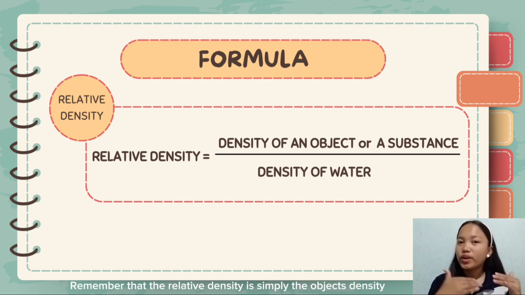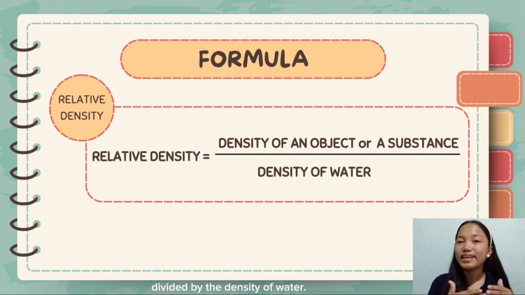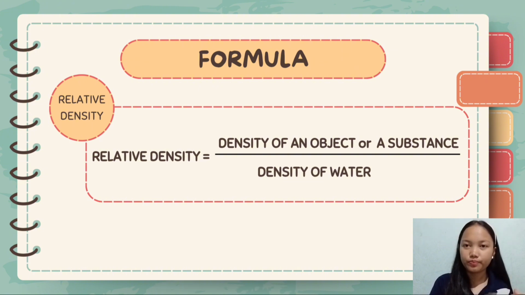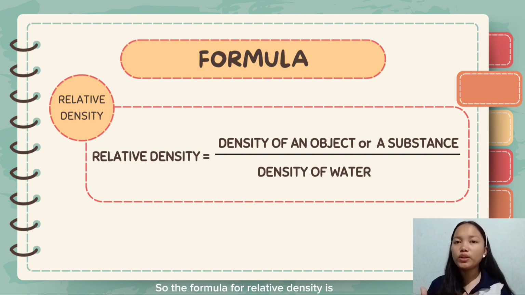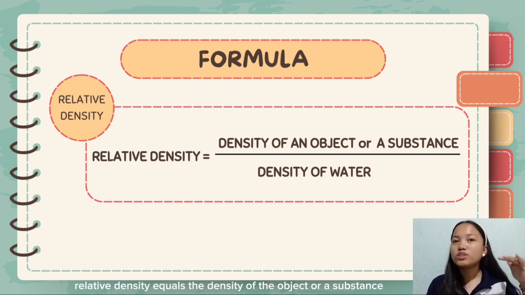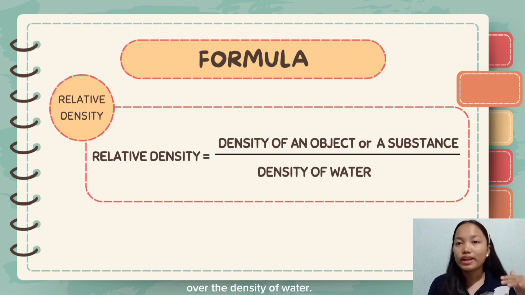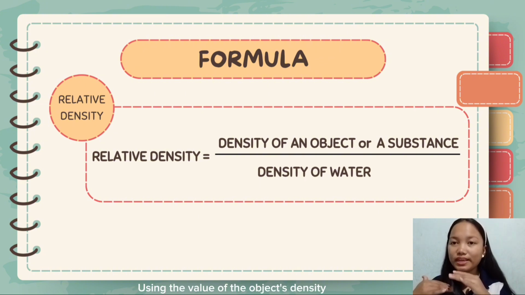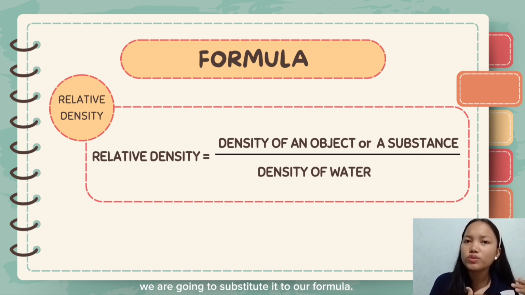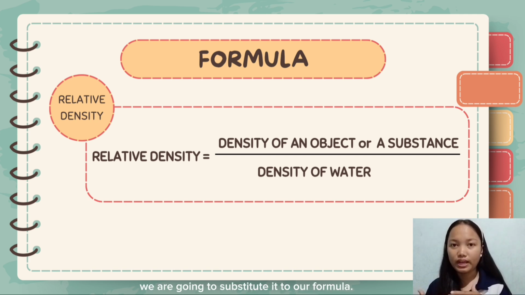Remember that the relative density is simply the object's density divided by the density of water. So, the formula for relative density is: relative density equals density of the object or substance over the density of water. Using the value of the object's density, we are going to substitute it to our formula.